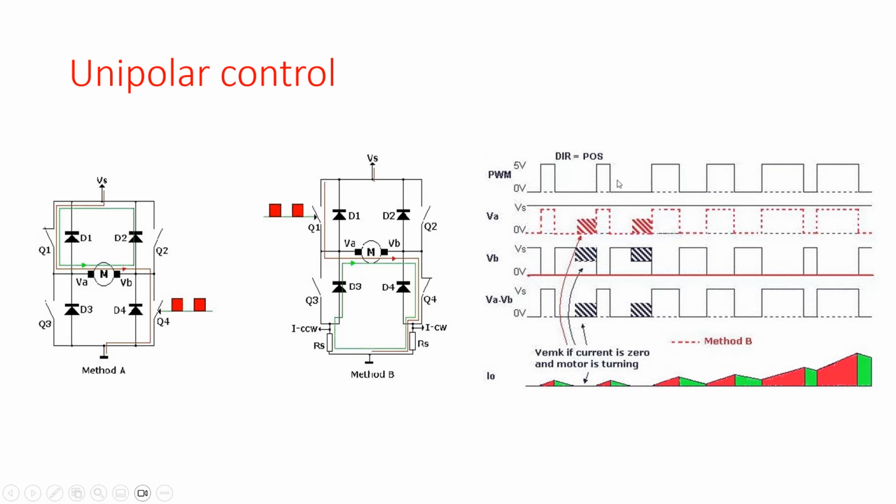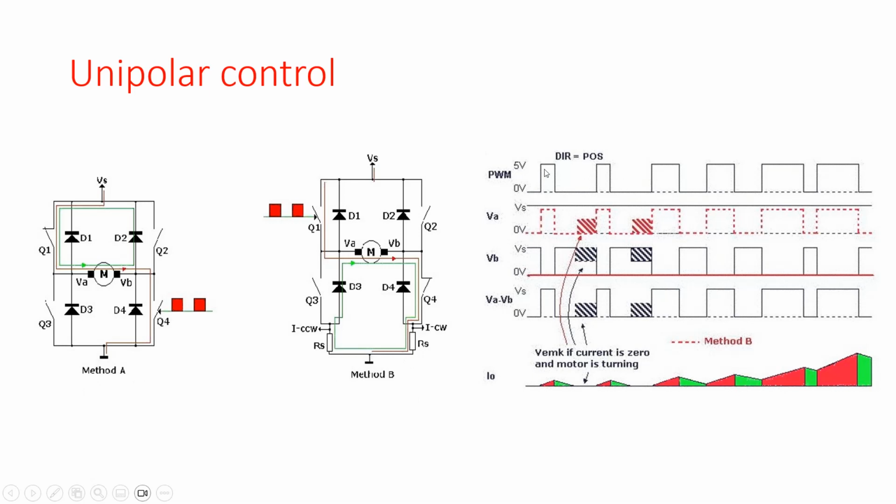So looking at the PWM, the voltages and the currents, we get this picture over here. Keep in mind the black curves are related to method A, and the red curves are related to method B, and I'm only going to discuss method A.